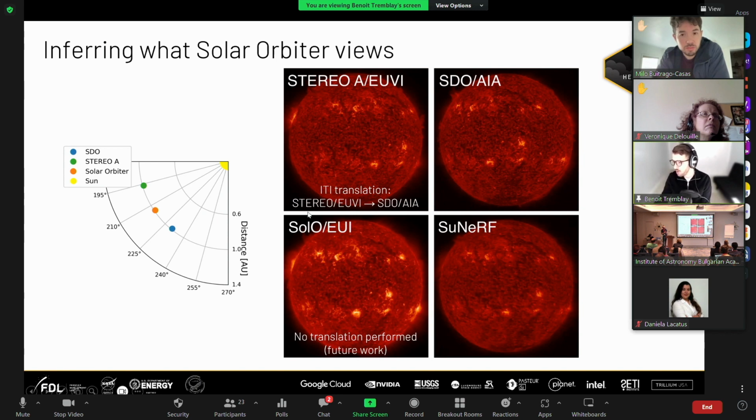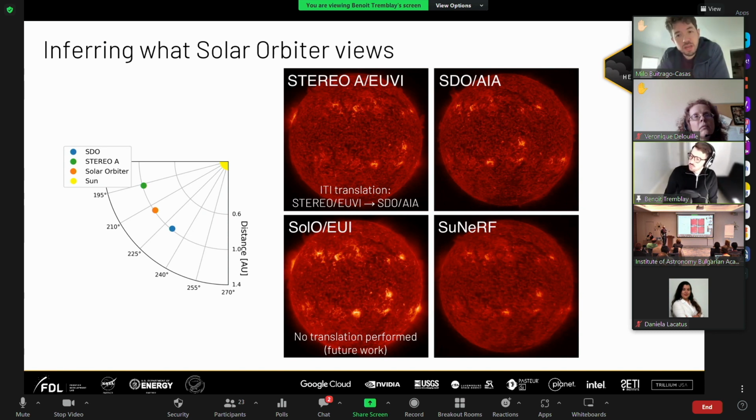At the bottom is an example of the Solar Orbiter image that it captured at 304. And on the right is our model's reconstruction of what Solar Orbiter should be seeing. So you're able to generate views for the range of angles covered by your input data. But if we were to look at the sun beyond that, there probably is nothing, or a very strange looking sun. It's only valid for what's covered.